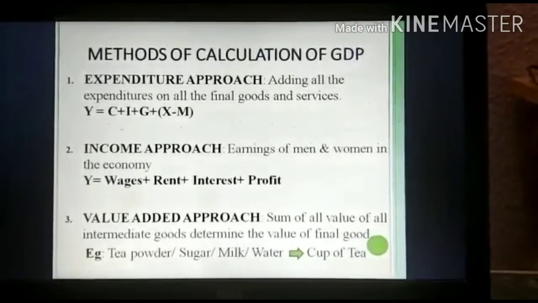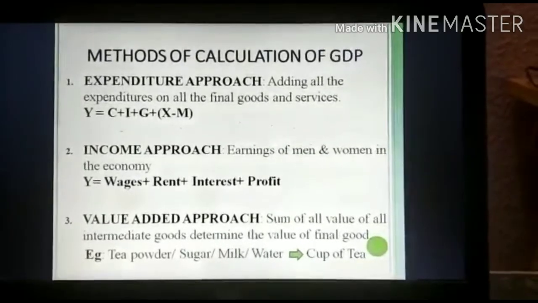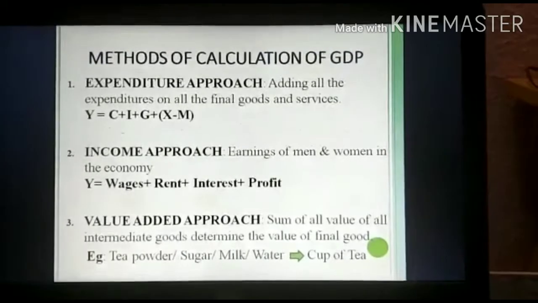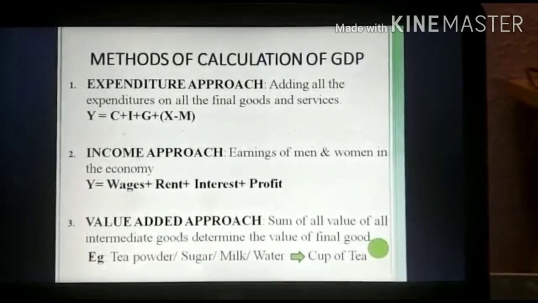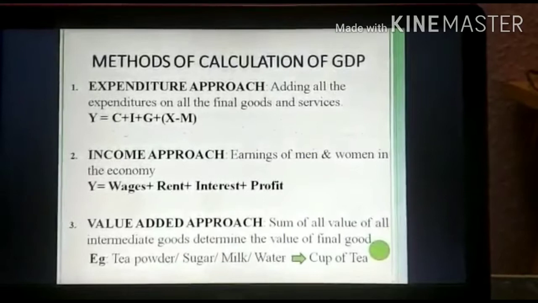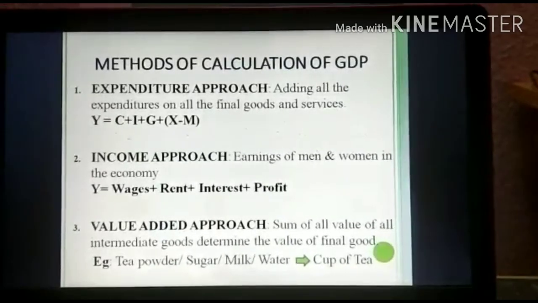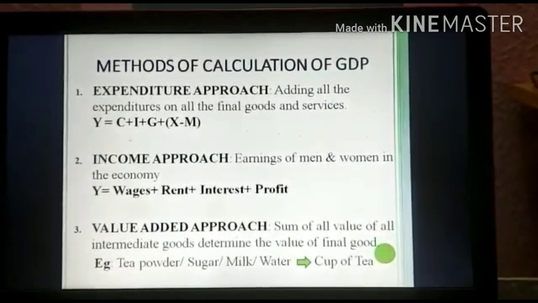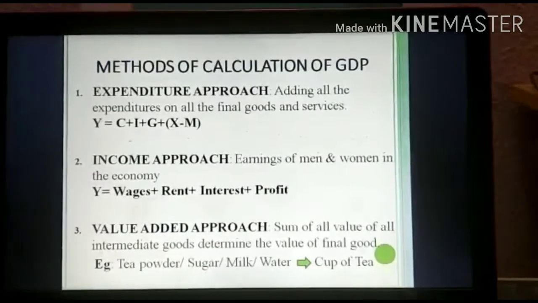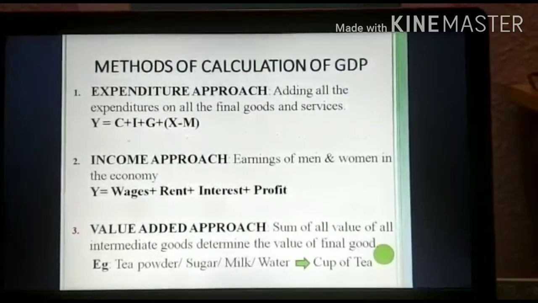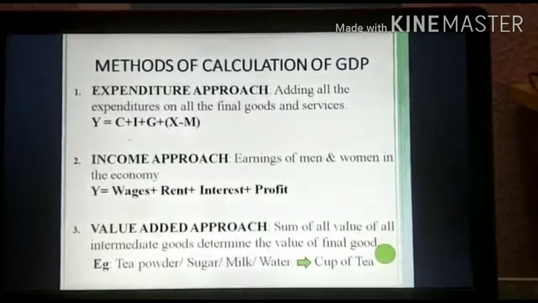Here the formula is Y, where Y is equal to GDP. That is, we add all the expenditure: C means consumption expenditure, I investment expenditure, G government expenditure, and we add export minus import, net exports. That will determine the GDP under the expenditure approach.